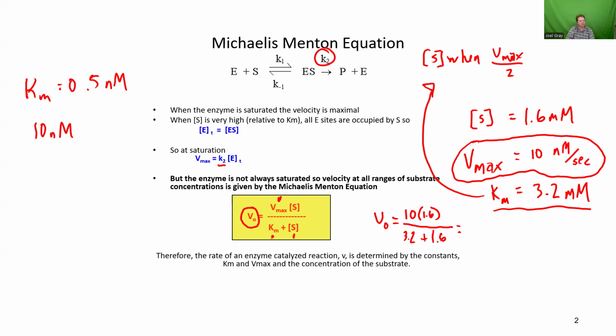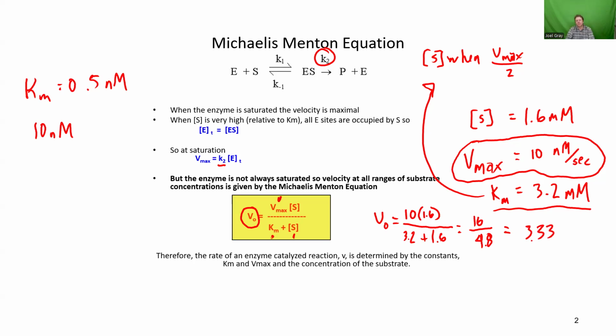So effectively, this is 16 divided by 4.8. Okay, so 16 divided by 4.8, plugging this into my calculator, that's going to be 3.33.